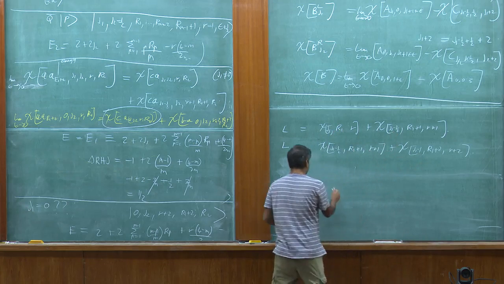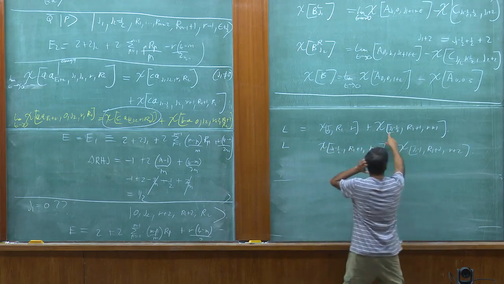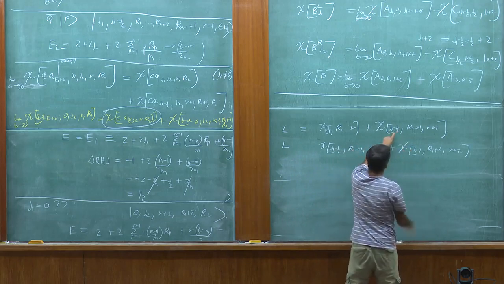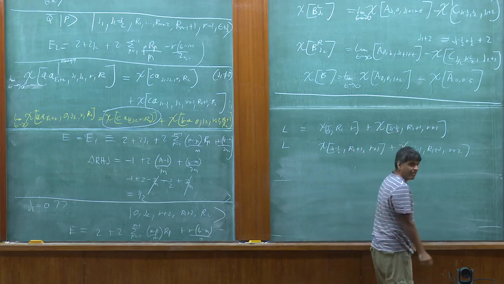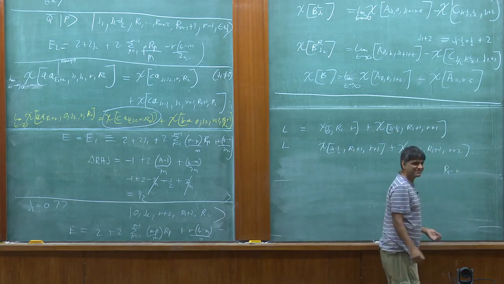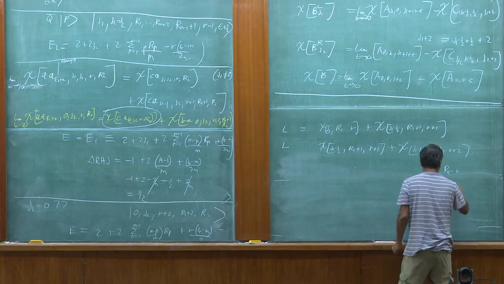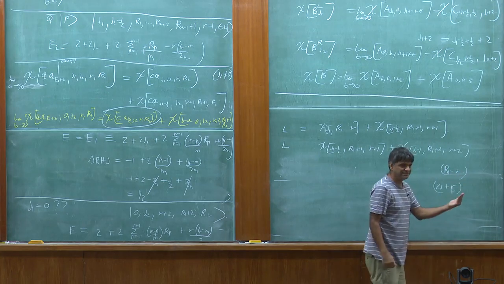So what's happening? What is conserved along this line? What's conserved along this line is R1 minus R, and for instance, 2J plus R. These two numbers are conserved. Okay?